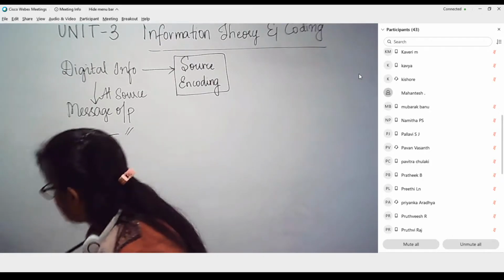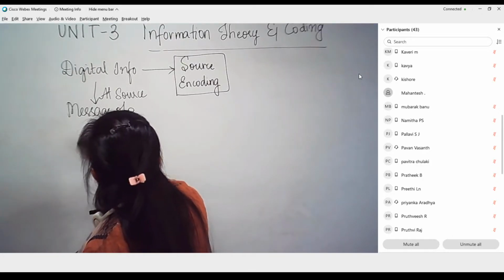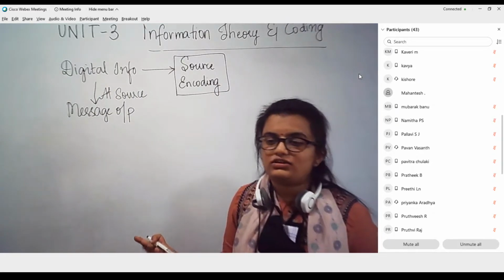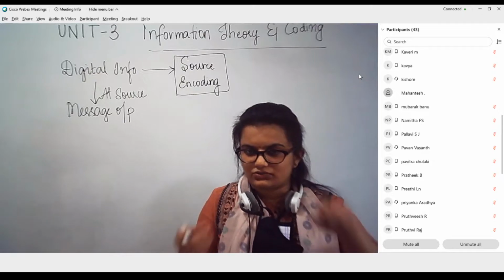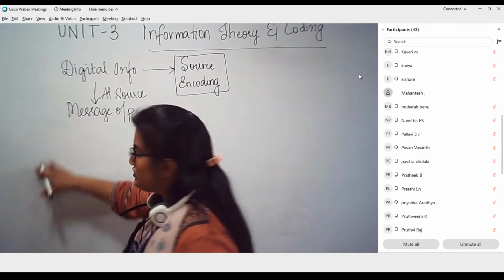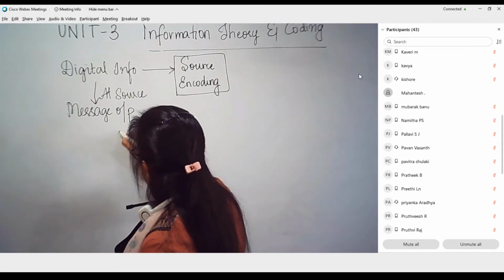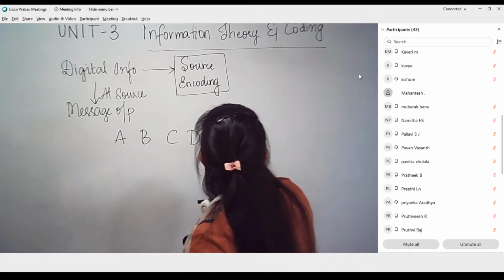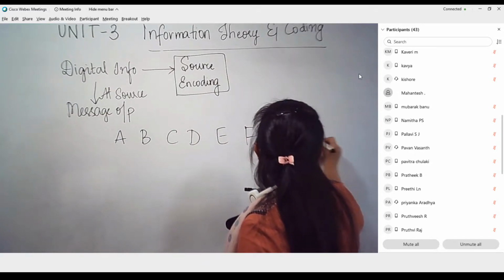Now assume there is a digital source where a message output comes out as one alphabet at a time, and those happen to be our English alphabets: A, B, C, D, E, F, and so on till Z.